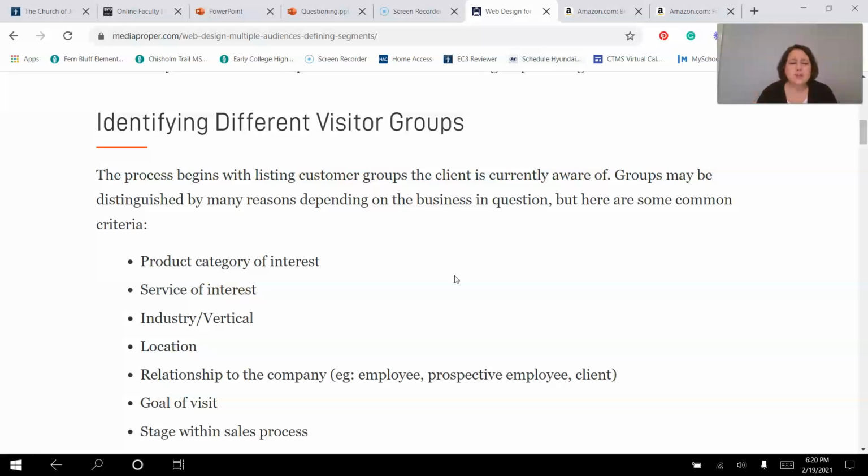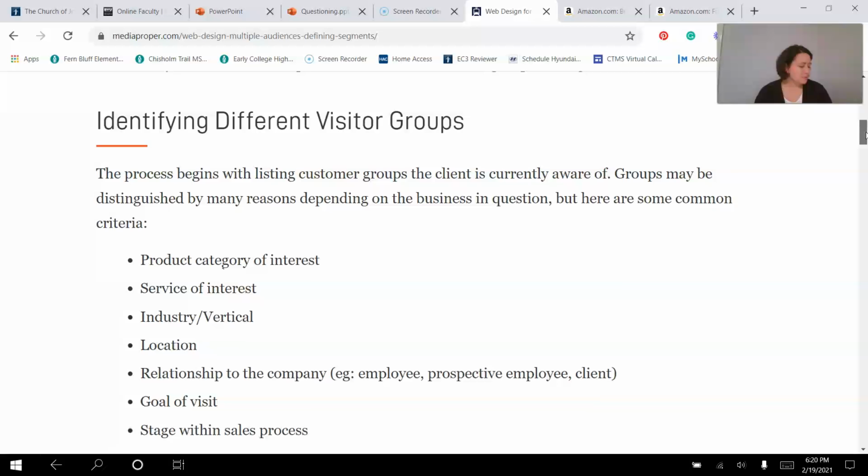So I look at visitor groups, and then I think, why would they want to define visitors by groups? That's a question I'm hoping this article will answer when I read it.